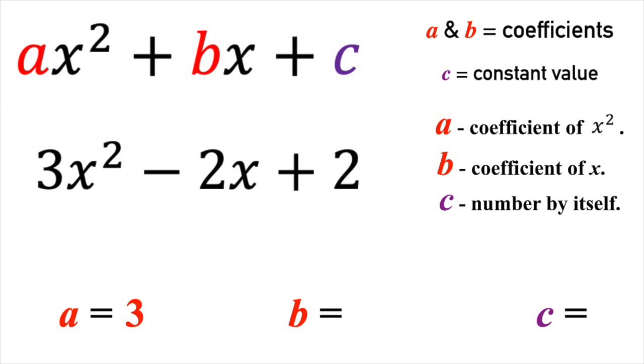Moving on to b, I'm going to look for the coefficient that's attached to the x term. And so here I see that there's a negative 2. And finally, if I'm looking for c, then I'm just looking for that number by itself. And so in this case, I see a 2 all by itself, and so that's going to be our c value.